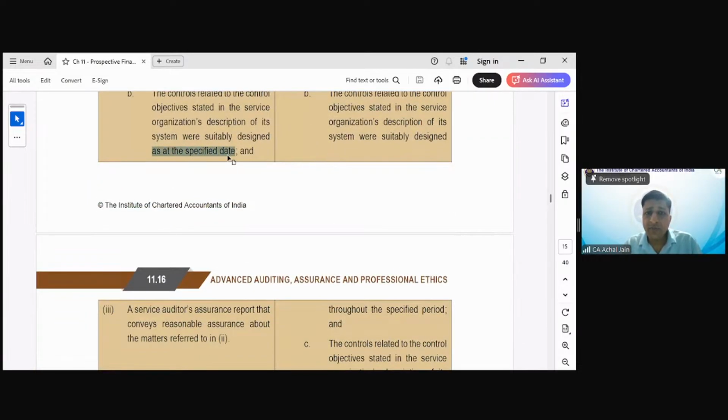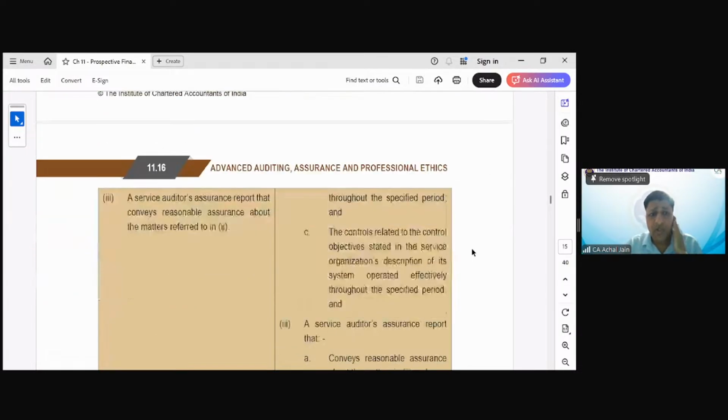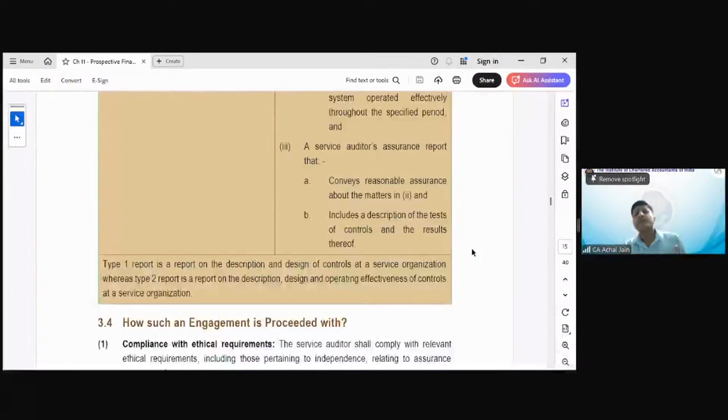But in case of type 2, you look at throughout the specified period. Okay. And then of course, the final conclusion, or you can say the reporting which will go out.